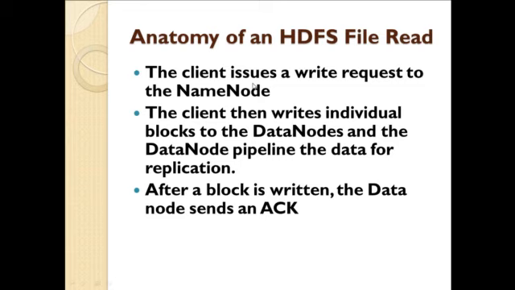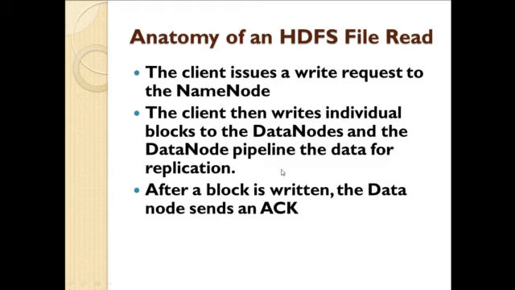So how do we write to a cloud computing server? First, the client issues a write request to the name node, again the master. Then the client writes individual blocks to the data nodes, and the data nodes pipeline the data for replication.